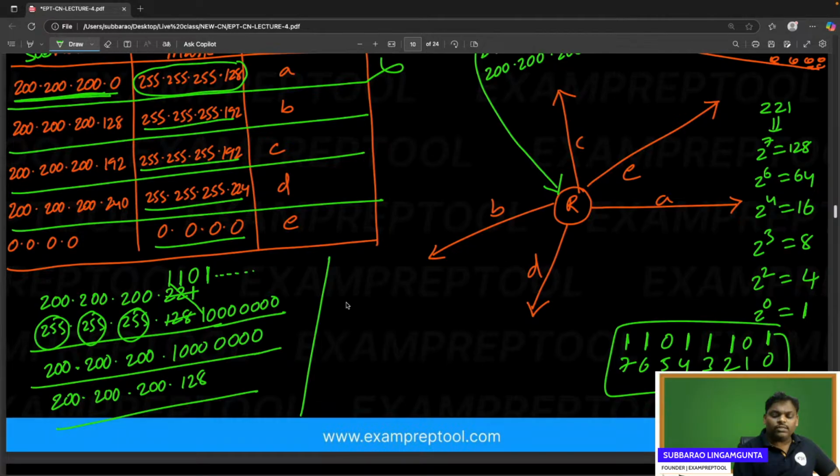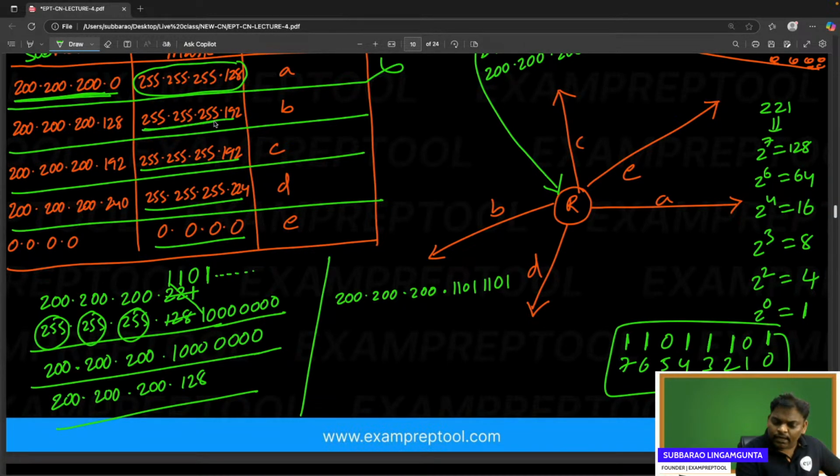Now see the answer again. 200, 200, 200, everyone observe. Three 200s. Next one, the destination IP is 221. 221 in binary, everyone knows, 1101 1101. Now see this one.